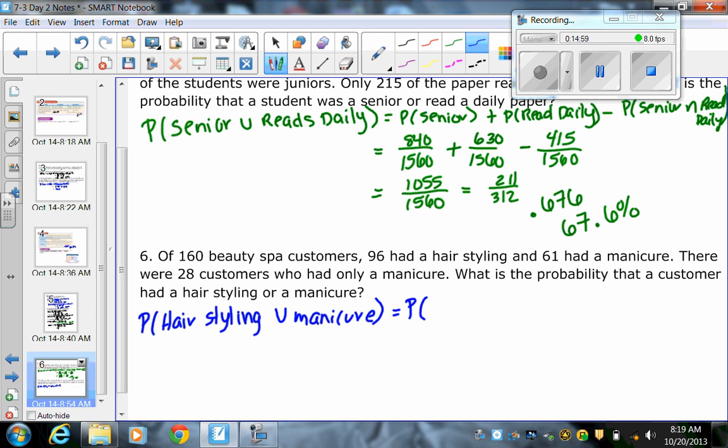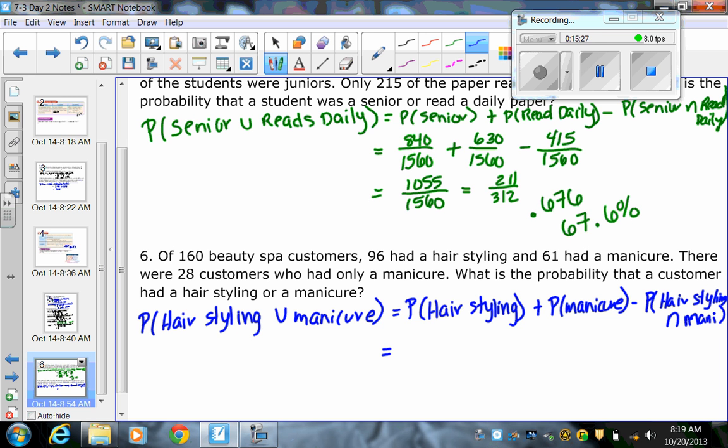So it's the probability of hairstyling plus the probability of the manicure minus the probability of hairstyling and manicure. We know that 96 out of the 160 had the hairstyling, and 61 out of the 160 had the manicure.